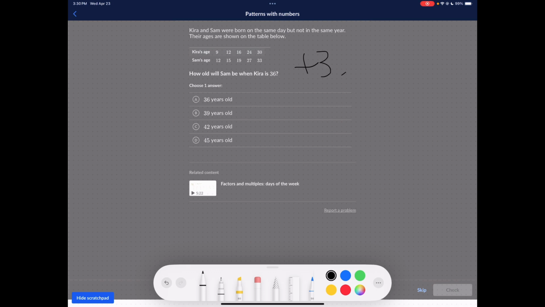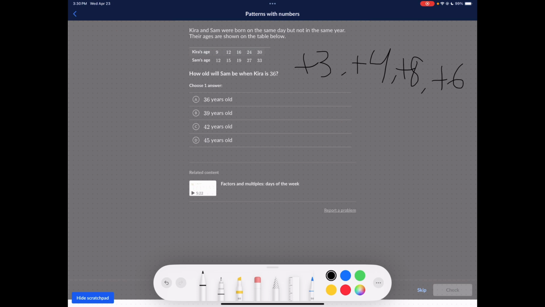What do we need to get 16 from 12? 4, good. 12 plus 4 is 16. And now what about 24? 8. Good. And now finally 30? 6. So the pattern is 3, 4, 8, 6.